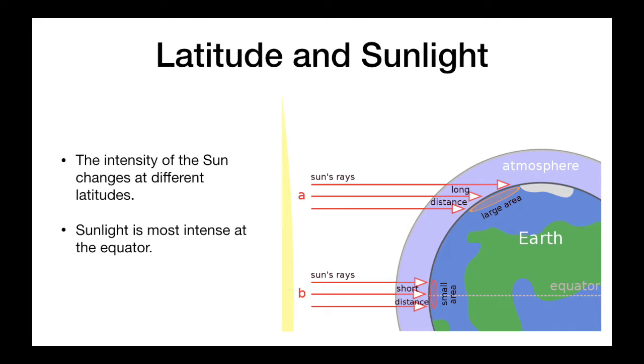The sun's rays are concentrated in a very small spot at the equator, as you can see on the diagram on your screen, and then as you move either north or south from the equator, those rays get more spread out over a larger distance, and the sunlight is less intense, it's less concentrated on a particular spot.